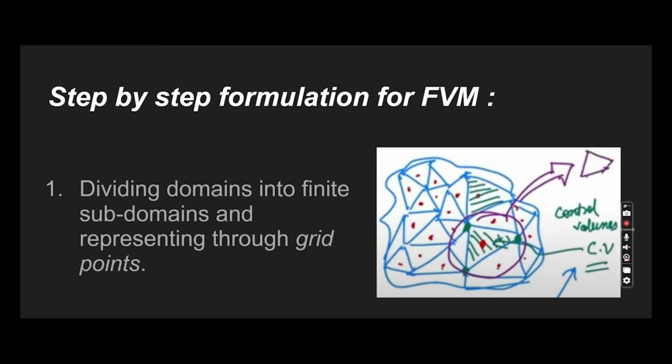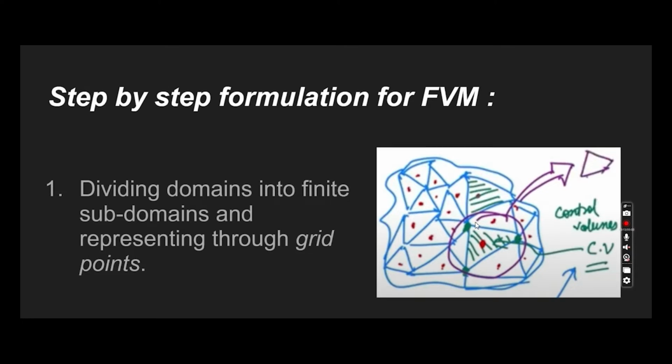The first and foremost step in the formulation of the finite volume method is dividing the domain into subdomains and then representing them through grid points. As you can see in the diagram given here, the outer circumference or perimeter is our main domain, in which we have divided finite spaces, which we call subdomains, or control volumes in the case of FVM.